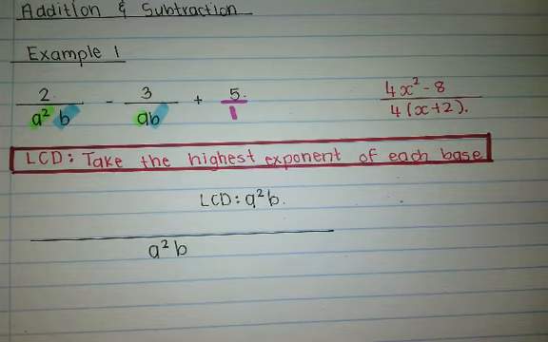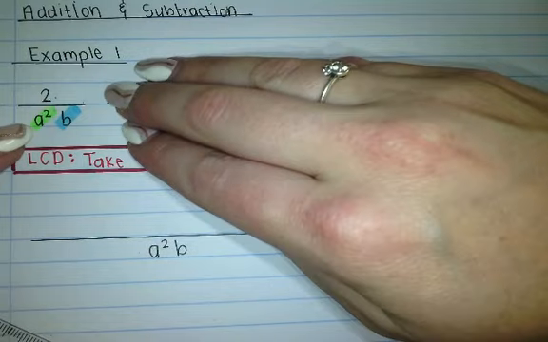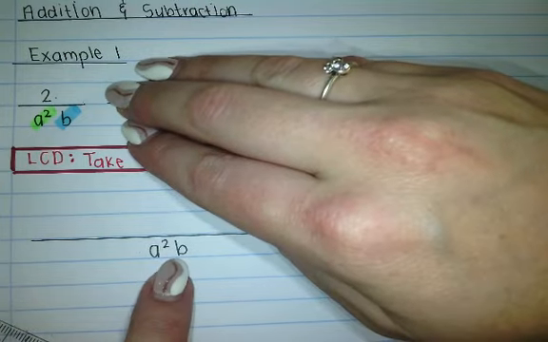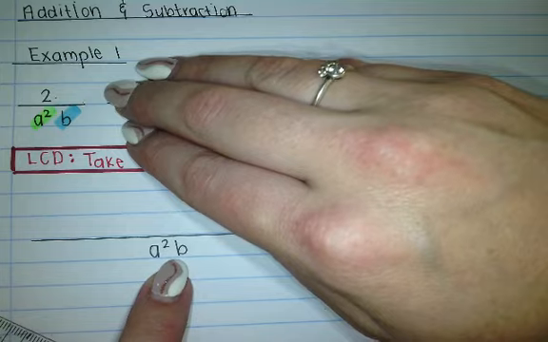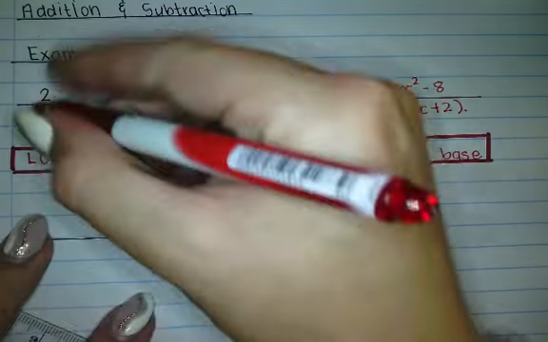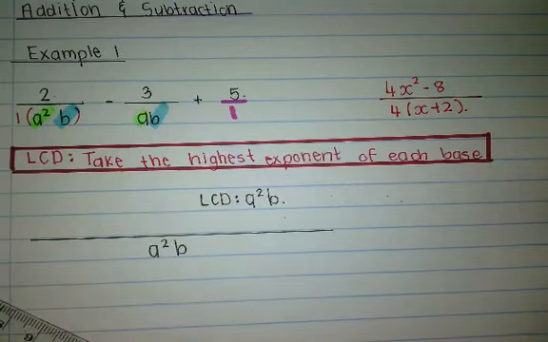Now from here, I'll go look at each denominator and see what's missing, and I multiply it by that. Here, this term over here, you block the rest out for now. A squared B, is that my denominator? Yes. So that denominator is not missing anything. So it's basically like multiplying it with 1.